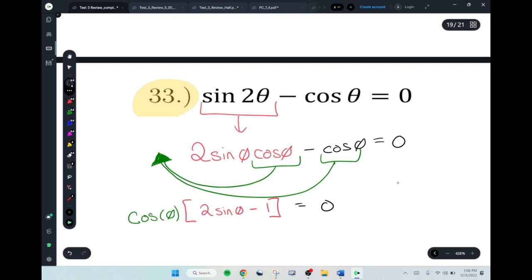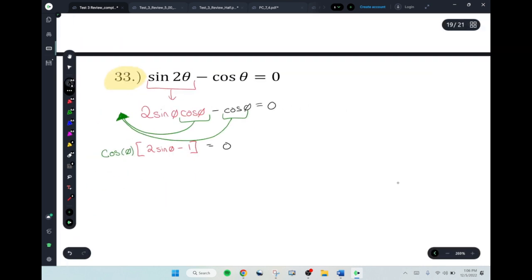Okay, well now what? Now we've got the whole purpose of factoring. What's the whole purpose of factoring? Those are each individual factors that equal 0, right? So watch this. This is kind of a cool way to think about this problem.